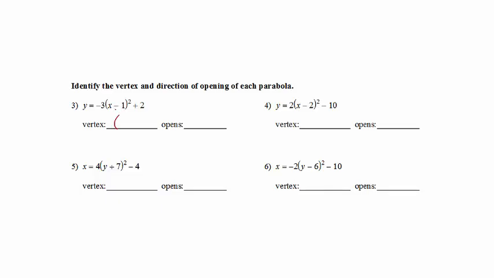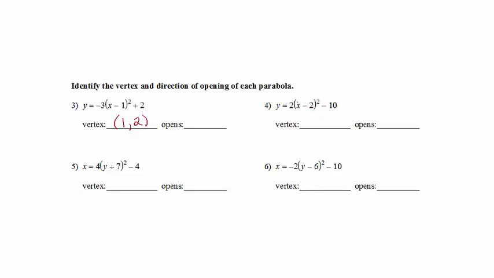So on number 3 here, our x value is +1. It's a positive because if something's in parentheses and you use it at some point, you're going to change the sign. So this is a +1, but what's outside we don't change the sign of, so it's a +2.